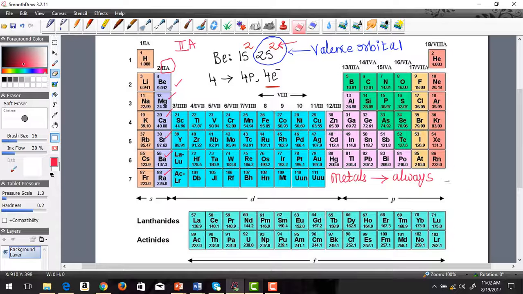What I meant to say was, always lose electrons. Okay, I'm not quite happy with my handwriting here, so let me go back and erase this part and rewrite this. Take my time. Always lose electrons.